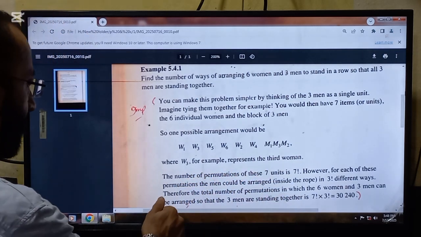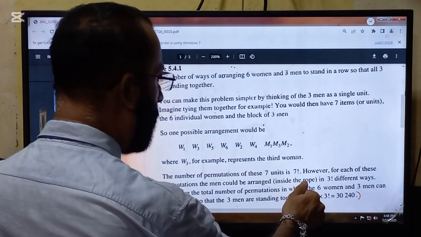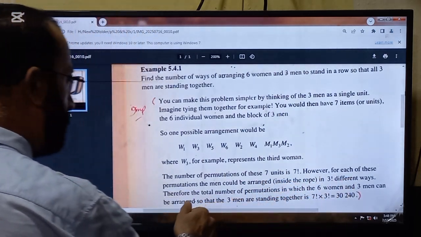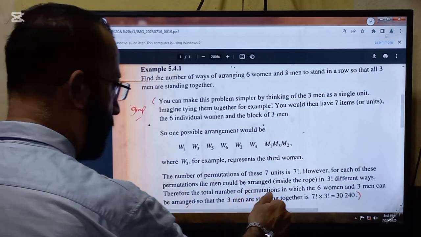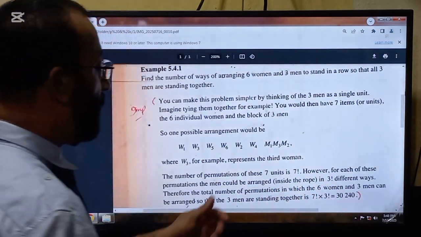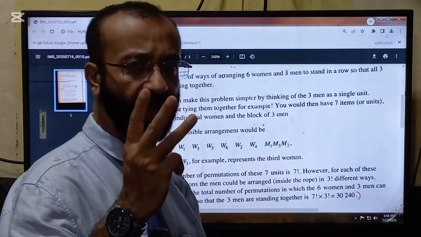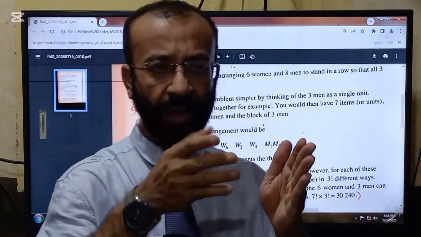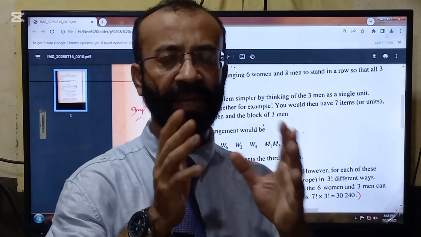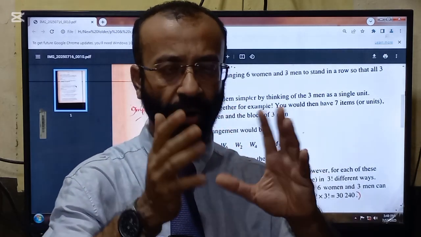Okay, look now, the number of permutations of these 7 units is 7 factorial. However, for each of these permutations, the men could be arranged inside the row in 3 factorial different ways, because the order of the men can be changed. So there are 3 men in a unit. So it means 3 factorial is the number of ways that 3 men can be arranged in different orders.